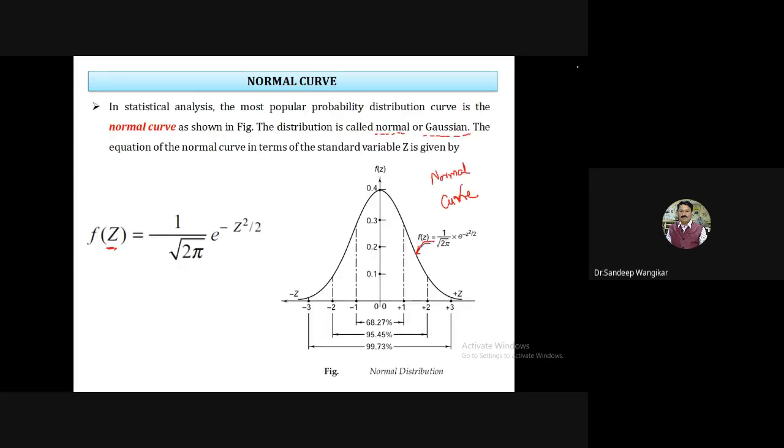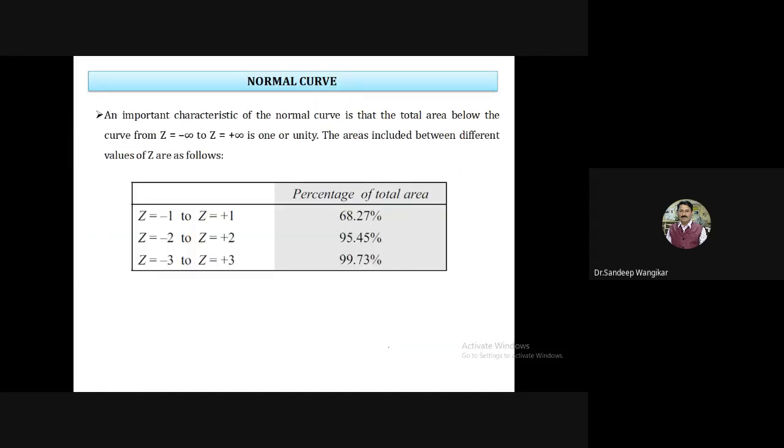We can see here, from z equal to minus 1 to z equal to plus 1, you will get the area as 68.27. From minus 2 to plus 2, 95.45, and from minus 3 to plus 3, approximately all the area is covered, 99.73. So this is the percentage of total area under the normal curve.